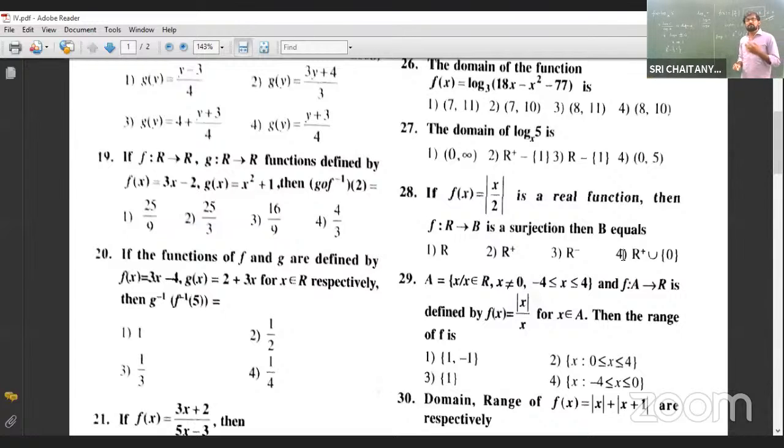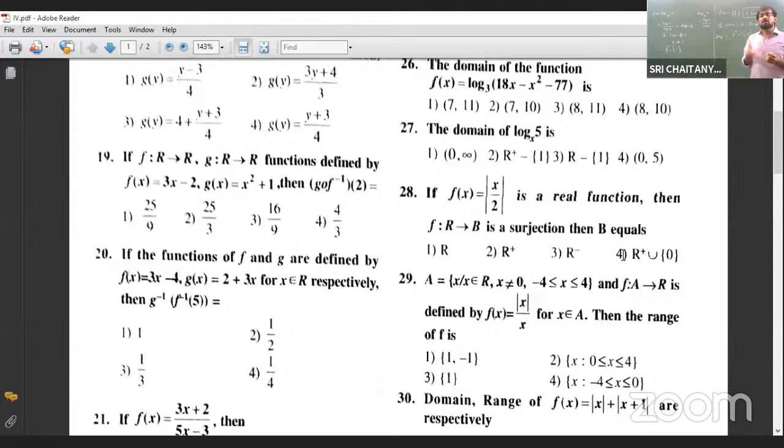Then find the set B. What is the inner meaning of it? Given the function is surjective, it means codomain is equal to range. The codomain, the entire set B, is nothing but the range, because it is surjective. So what will be the B value?